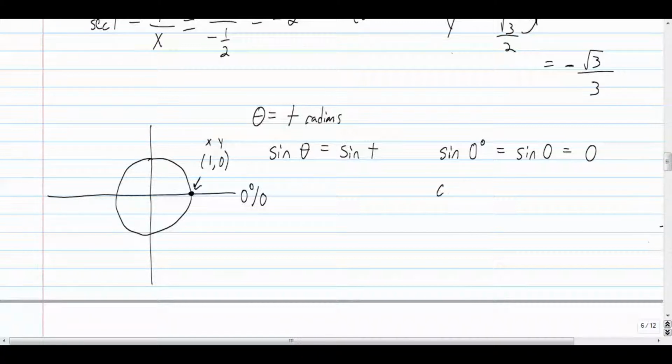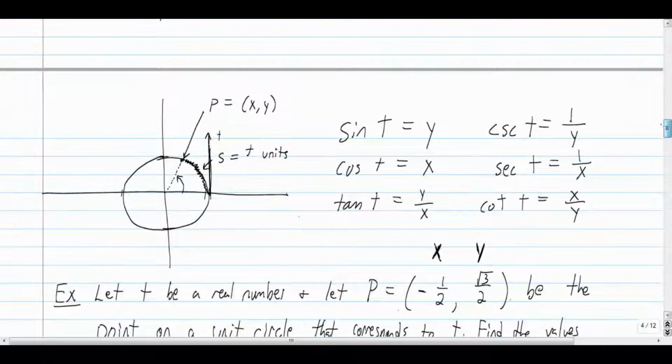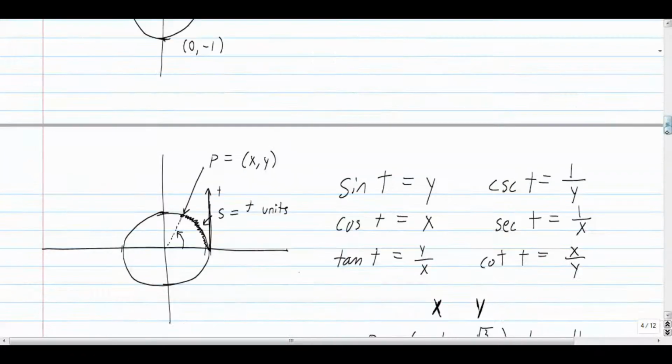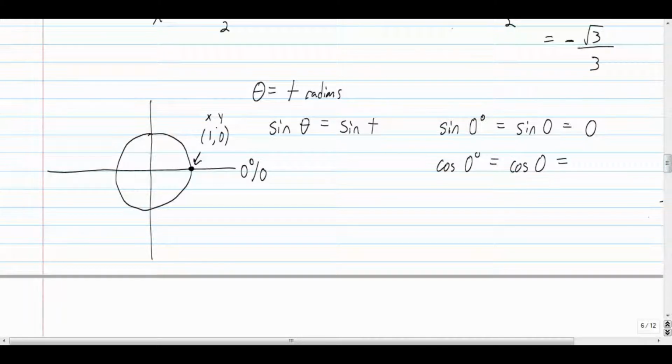Okay. What about the cosine of 0 degrees? The cosine of 0 degrees is the same as the cosine of 0 radians. And which coordinate is cosine equal to? Need to look back in your notes. Cosine is x. So look for the x coordinate. It's 1.